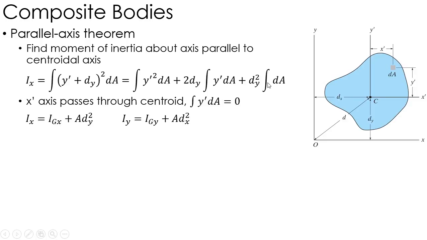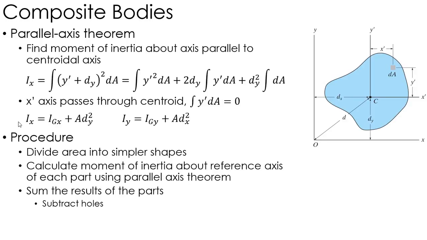That's the definition of this one. Over here, d_y is a constant value, so it comes outside of my integral. I'm just left with the integral of dA, which is just A, the area. So I have the area times that parallel distance d_y squared. This is my parallel axis theorem, and this is how I can find the moment of inertia about some axis other than the centroidal axis. I look up the centroidal moment of inertia in the back of the book, and I add the area times the distance between the reference axis I'm looking at and the centroidal axis, squared.